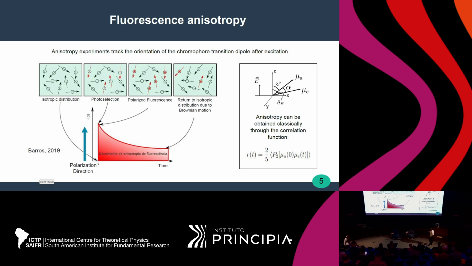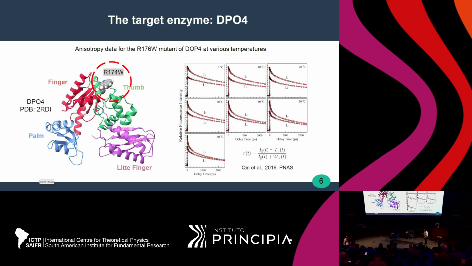Then you can use, for example, a correlation function to obtain the same pattern you obtain in the experiments, which indicates the orientation of the transition dipole moments due to the Brownian motion in the solution. So we have a lot of anisotropy data.